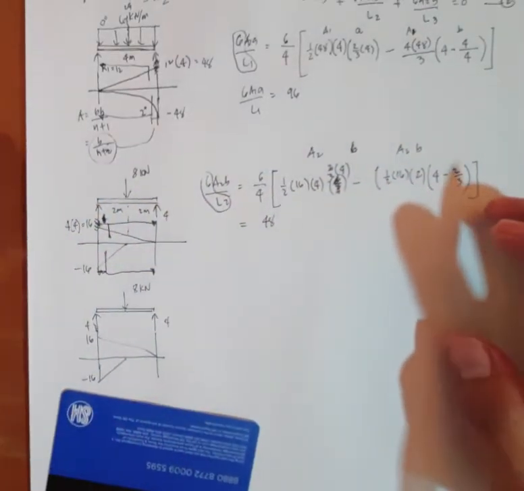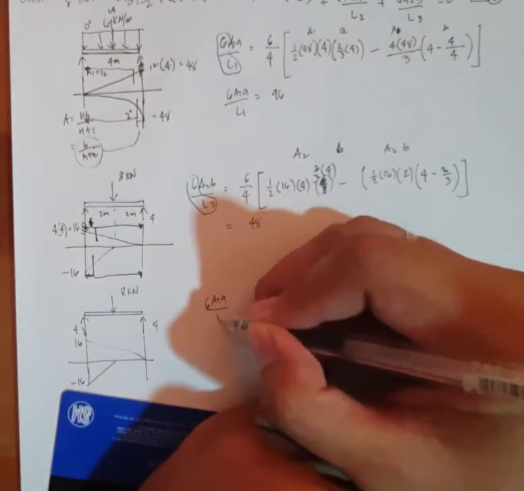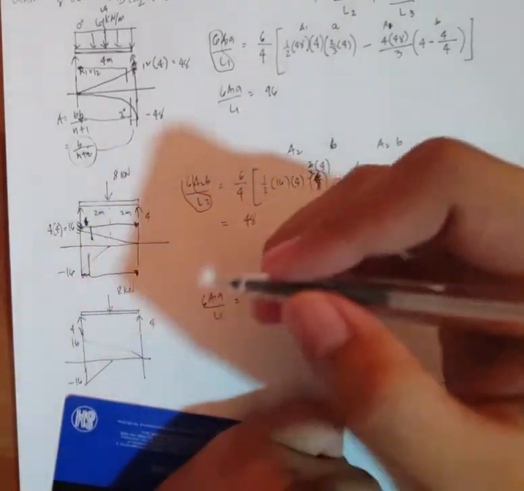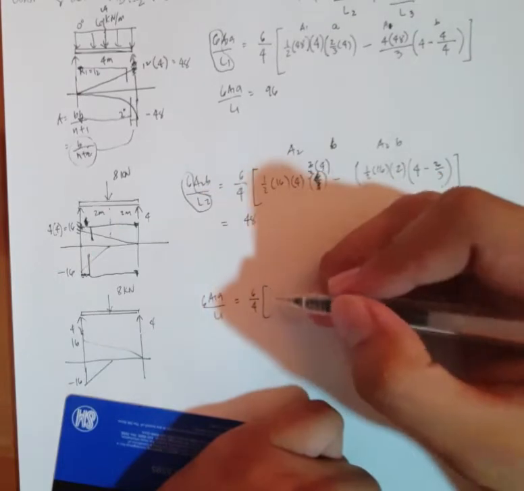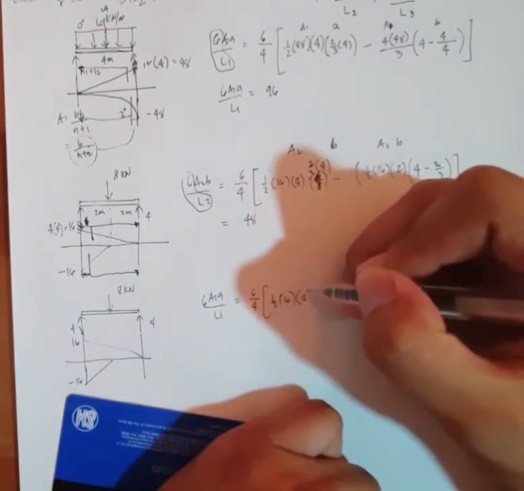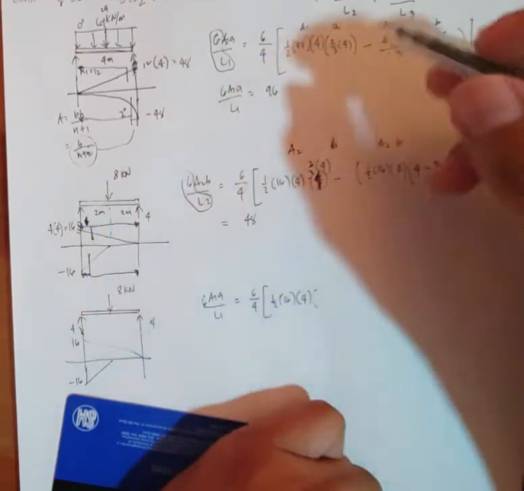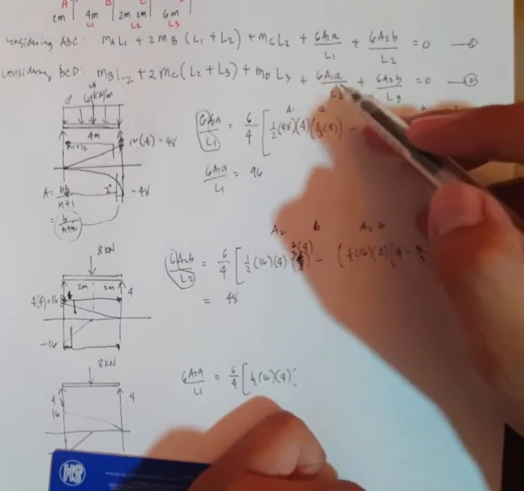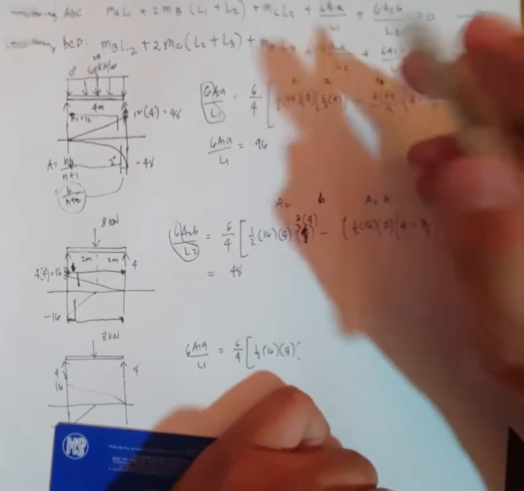Okay. So 6A1A over L1 for this one is 6 over 4. Area 1 is 1/2 times 16 by 4. But since we are using A, we take it from here. A is towards the left.